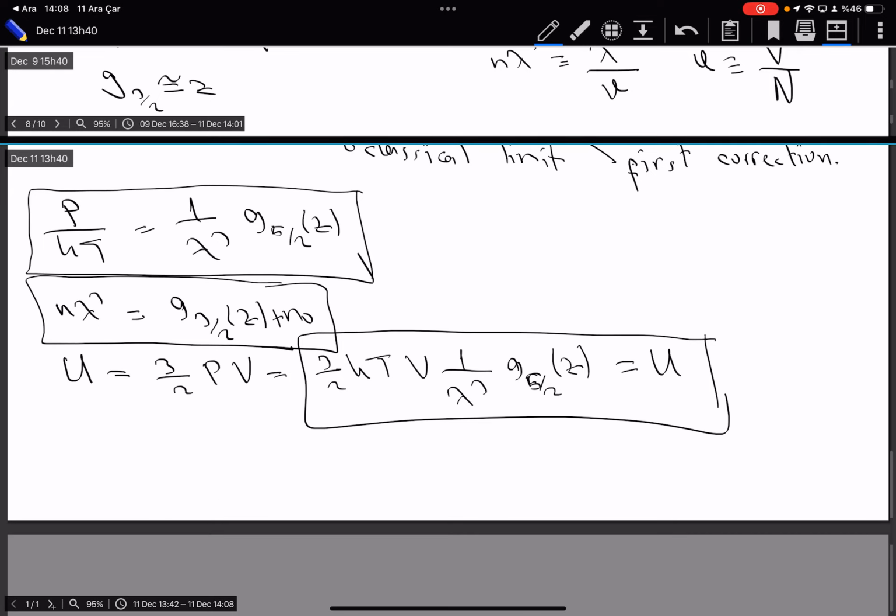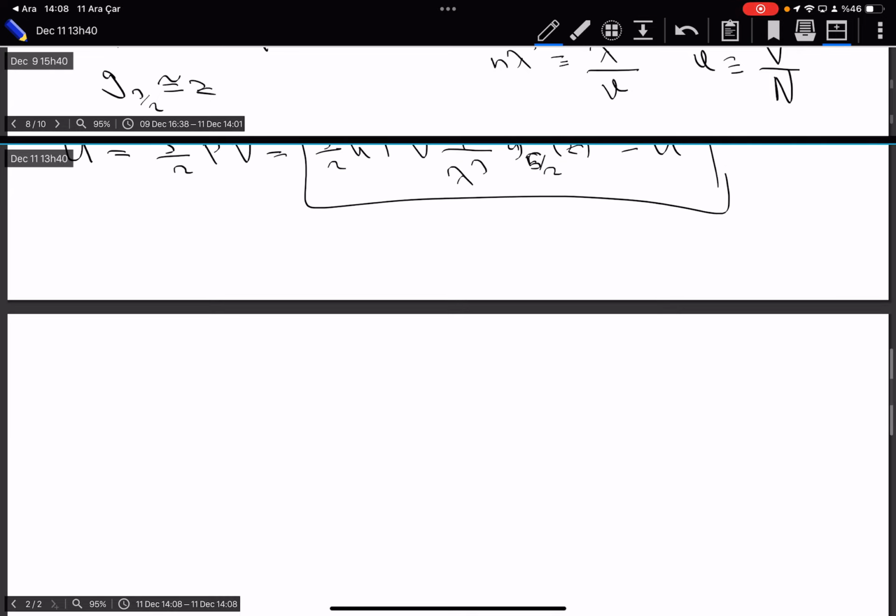Now let's look at the other limit. Z is very close to 1. Well, let's look at what G nu is.